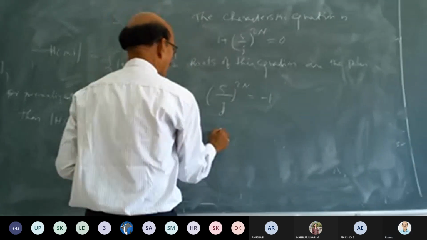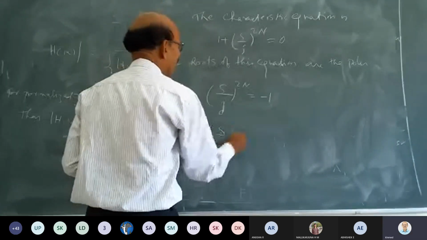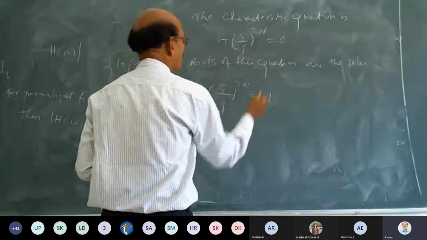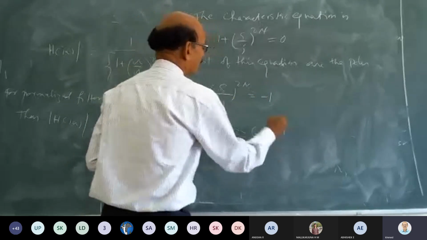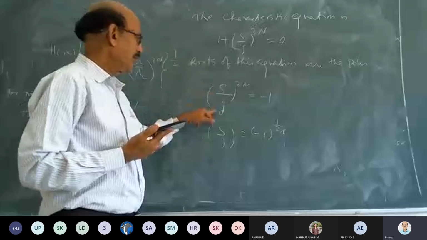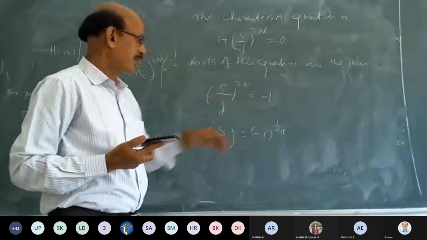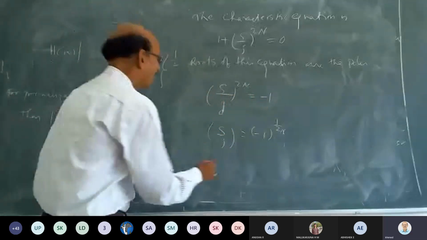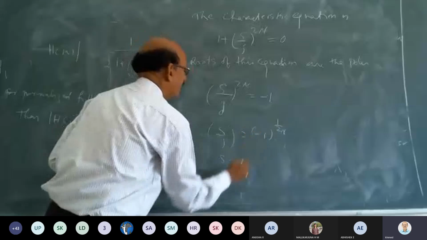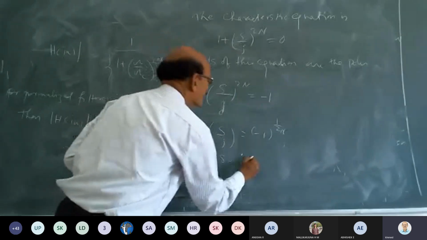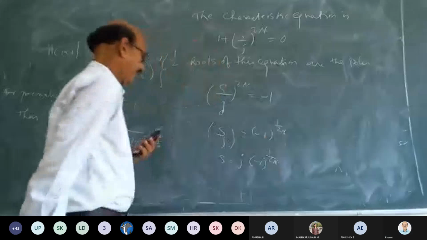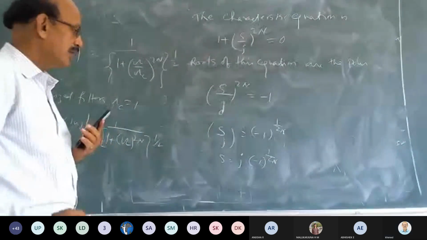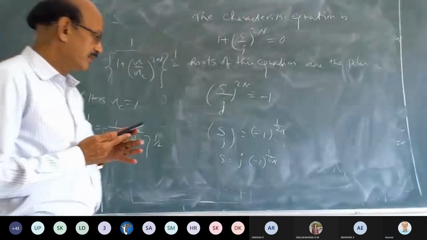Therefore, s by j is equal to minus 1 to the power of 1 by 2n. Or s is equal to j into minus 1 to the power of 1 by 2n.